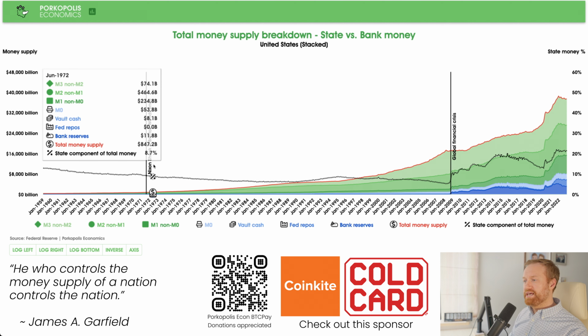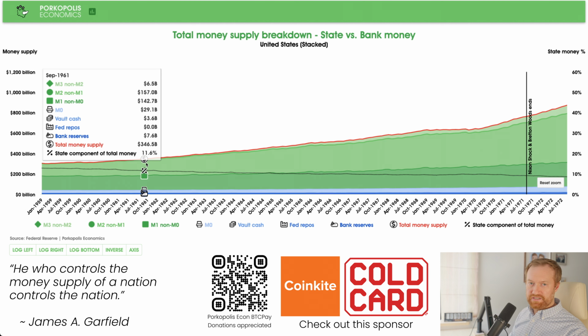So if we go back to the very beginning, again, this is a pseudo gold standard, gold exchange standard, pre-Nixon shock here in the end of the 50s, 60s, and start of the 70s. State money, the monetary base, started out a little bit high, actually, 13%. And by the start of the 70s, it was under 10, under 9%, even 8.6%.